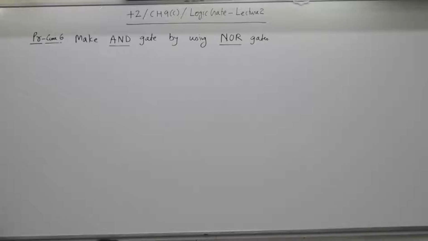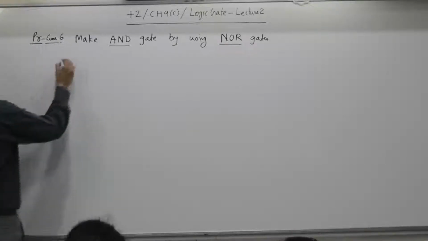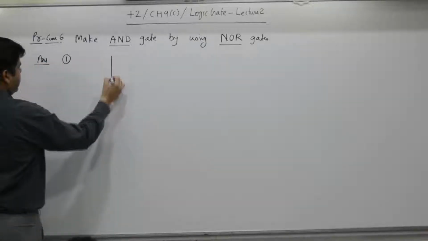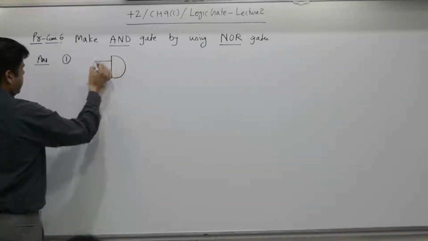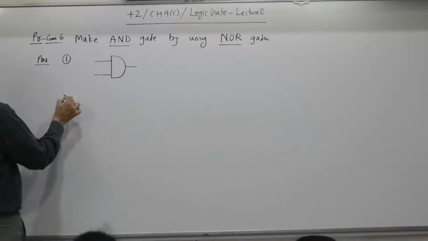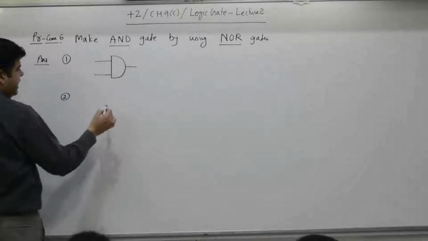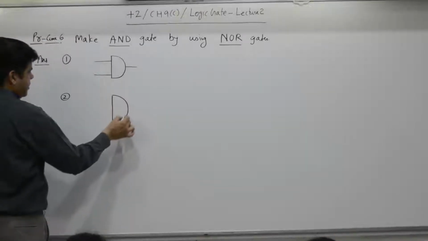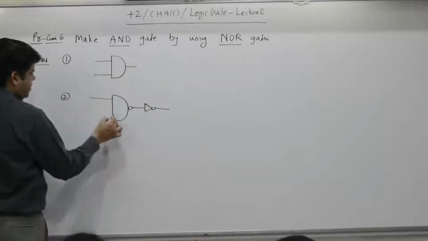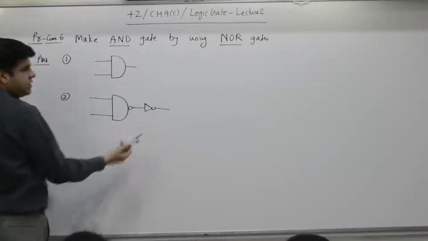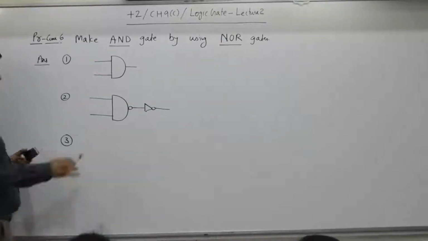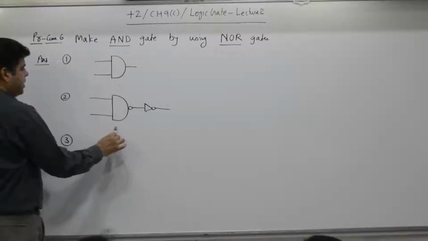What you want to make is AND gate. So for solution or answer, this is what you want to get, AND gate. But you can use only NOR gates. So AND gate, can I write like this? These two NOT gates cancel each other, so it is the same. Next, focus only on this part.